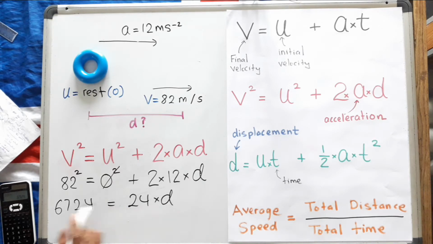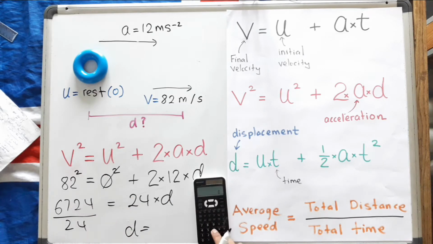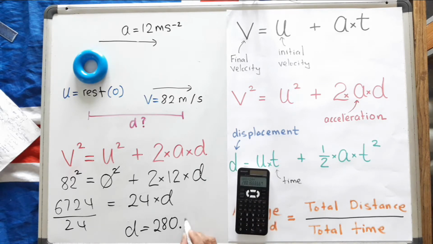Throw across the multiply to get a divide, and that will give us a displacement value of 82 squared divided by 24. I got 280.17 meters.